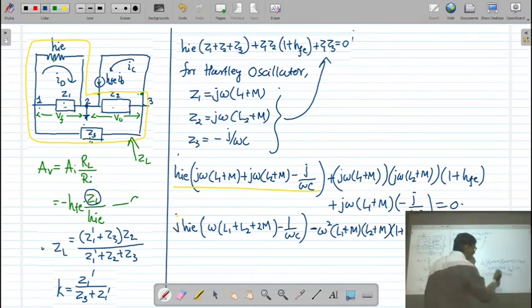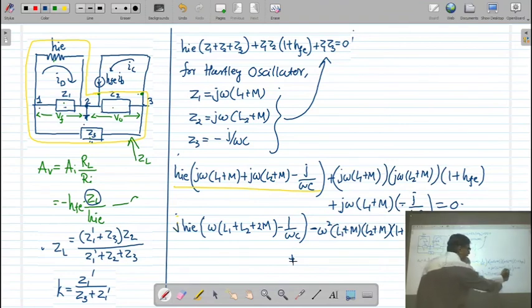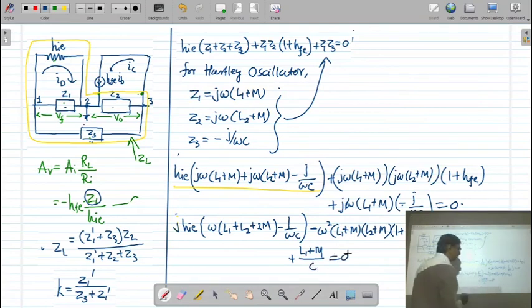And then in this term also, j into j is going to be multiplied, j square, and it will be minus 1. And again we have this negative sign, so it will be a plus. So we can write a plus. Here this omega will be cancelled. Then we can write it as a (L1 plus M) divided by C, and this is equal to 0.